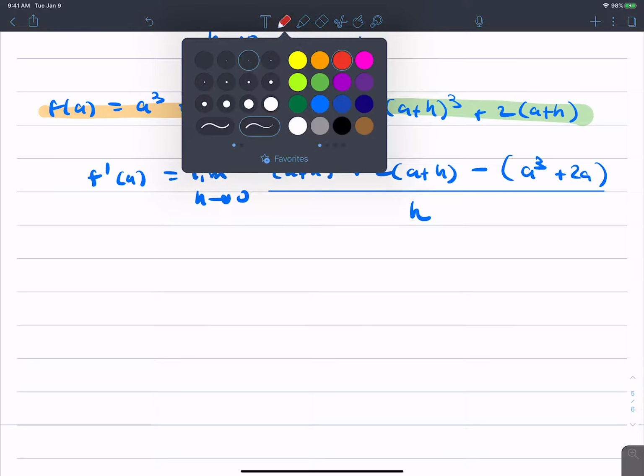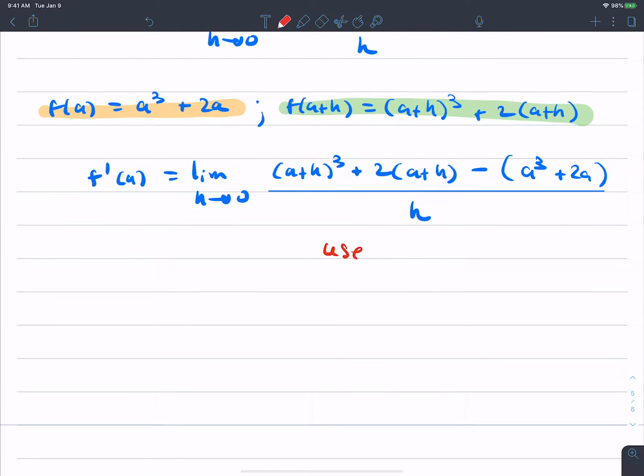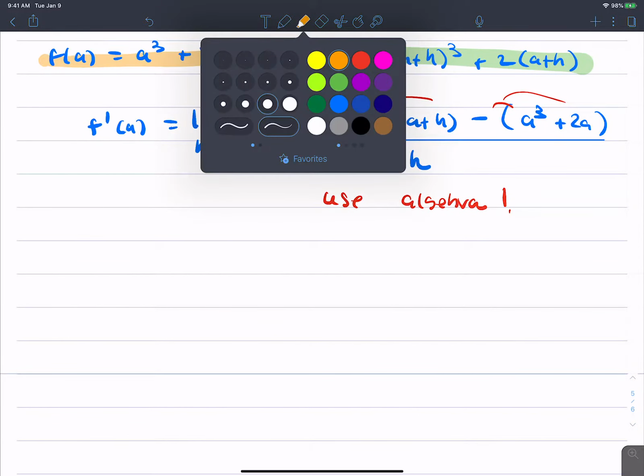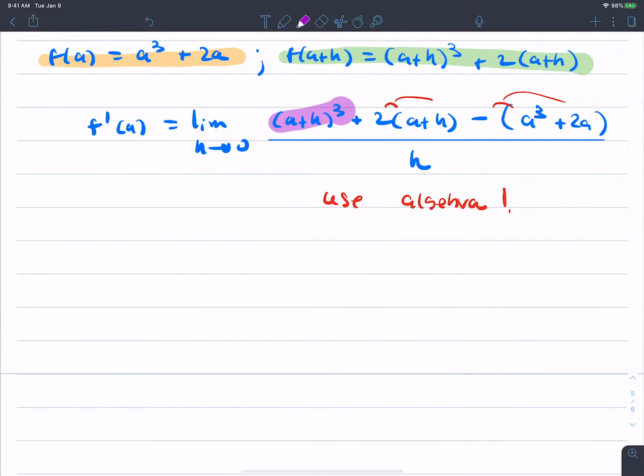So again, we're going to use algebra here. We're going to have to cube this. This is the third power. We're going to distribute here, right? But I think the big key, if I focus on this part for the algebra at the beginning, is a plus h cubed. We're going to need to expand this. Now, there's a formula here.